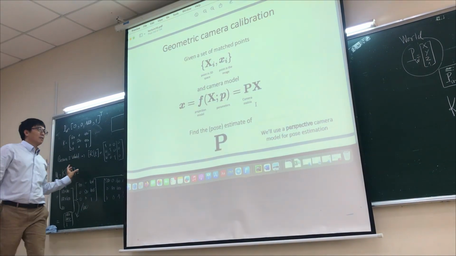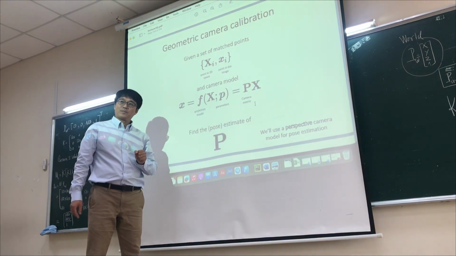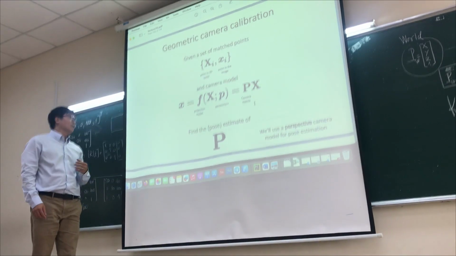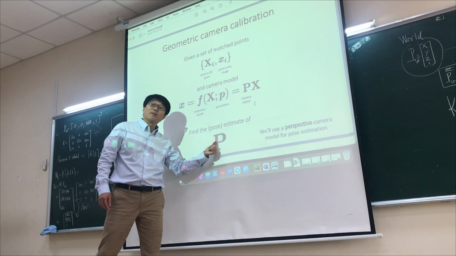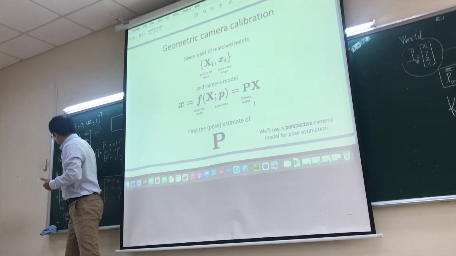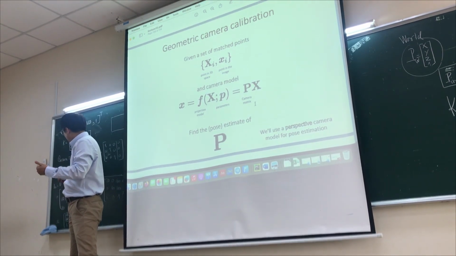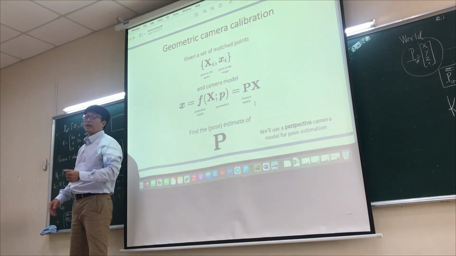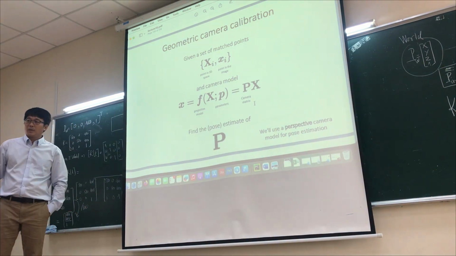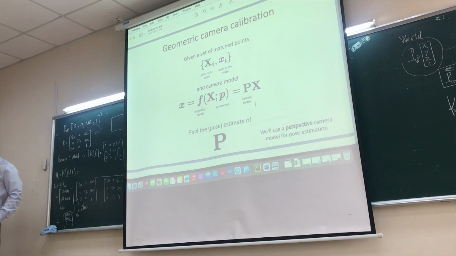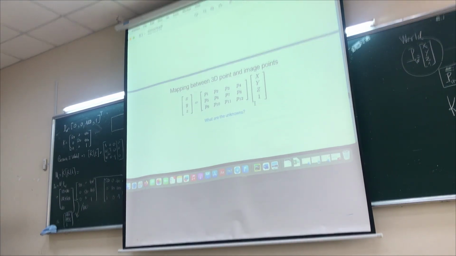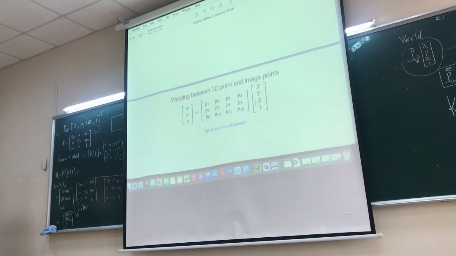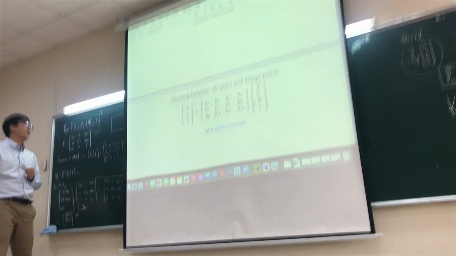That is the function. And now you have to know how to get the P. P depends on the K, R, or T. So you can see how to do that. Now back to the camera, you can see here 3 by 4.